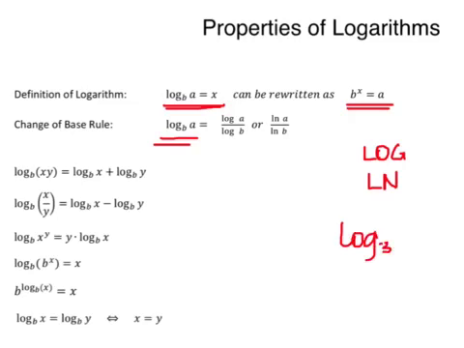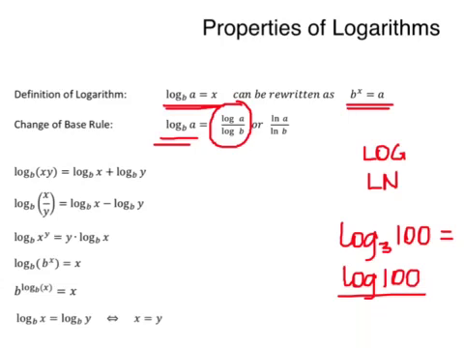If we wanted to find log base 3 of 100, and we were asked to round it to the nearest tenth, we could use this change of base rule, and take log of the 100 in base 10 over log base 10 of 3.